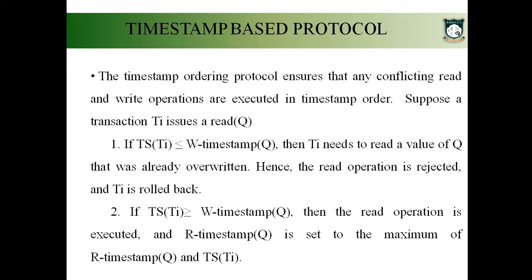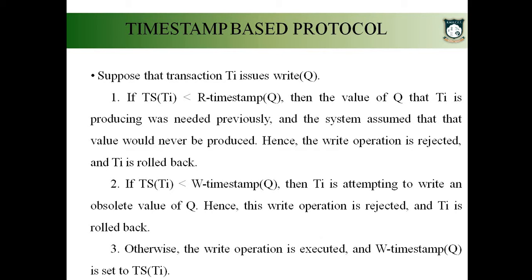As I said, just go through this point 2 or 3 times, definitely it will be very clear for you. So the same logic applies for write operation. So far we discussed read operation. Whenever a transaction wants to read a data item, we compare the timestamp value of the requesting transaction with the write timestamp value of the data item.